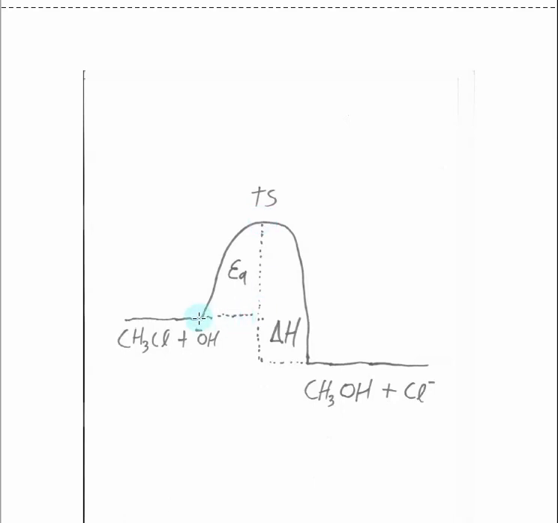The energy it takes to go from my reactants to my transition state is called the energy of activation. So you need to put energy into a reaction to get energy out. Even though we're going from a more energetic to a less energetic state, there still is an energy barrier that we must go over.